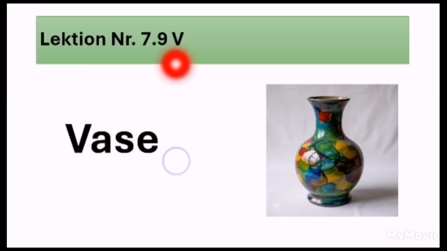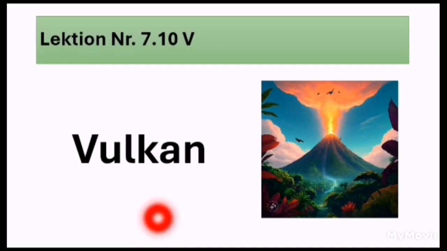So be careful and keep in mind, in German we can pronounce both sounds, like W and F, like F in English. V, volcan, volcano.